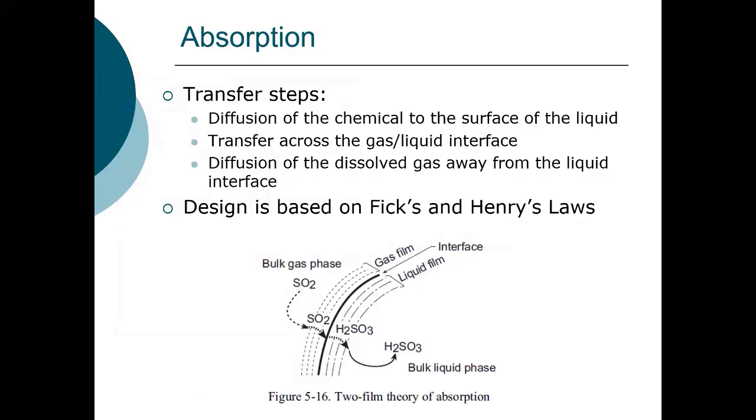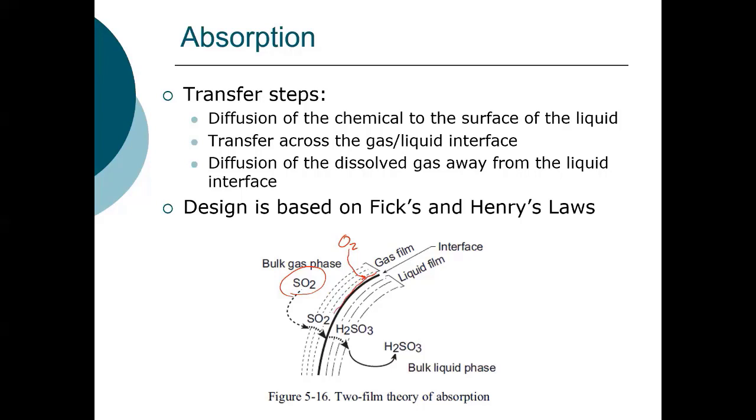So looking at this process of mass transfer, what we have in all cases is a chemical in the bulk gas phase. This could be oxygen. We need to transfer that chemical to the air-water interface.